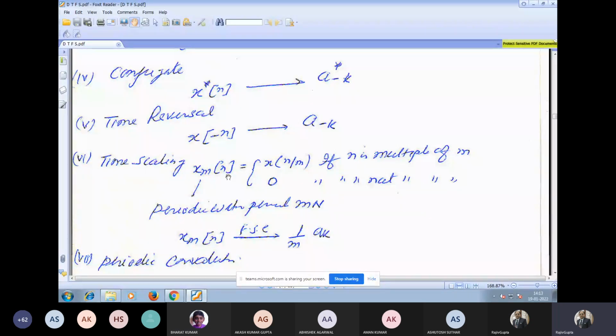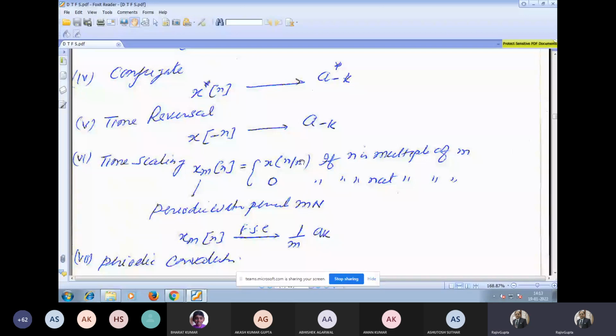Something like if I am writing x of a t, a is the scaling factor. So here in the case of discrete, I am writing x_m[n], which is actually x[n by m]. So the scaling factor is m. But remember one thing: n should be a multiple of m.